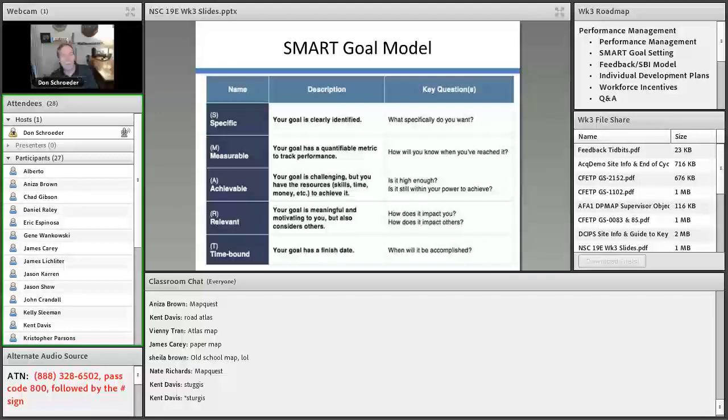SMART. Now, you may say, oh Don, we're about SMART goaled out. But like I said, it is a major portion of the planning process in these performance management systems. So whether you like it or not, it's there, and it's things that we as supervisors have to do.